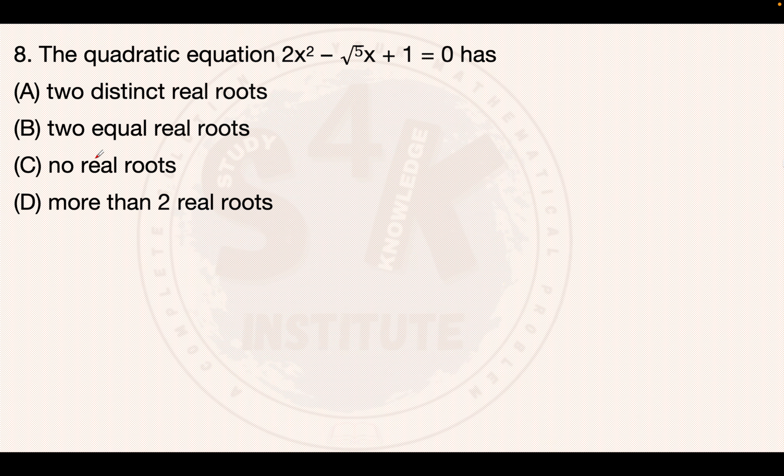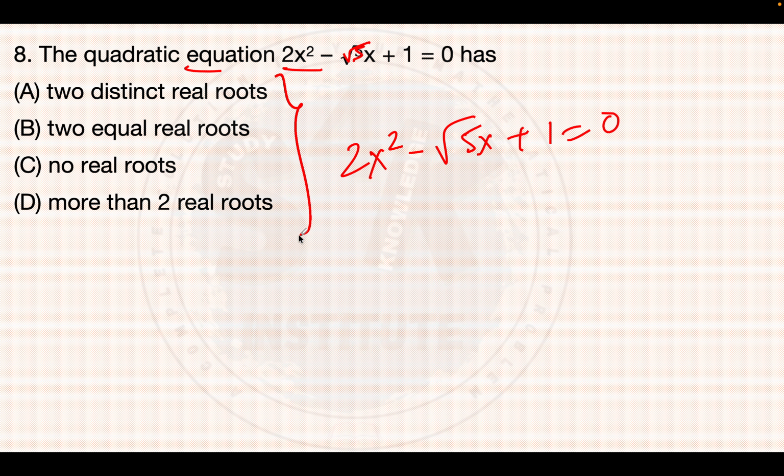The next question. The quadratic equation 2x square negative root 5x plus 1 is equal to 0 has how many roots? To check the nature of roots, you need to calculate the discriminant, right?